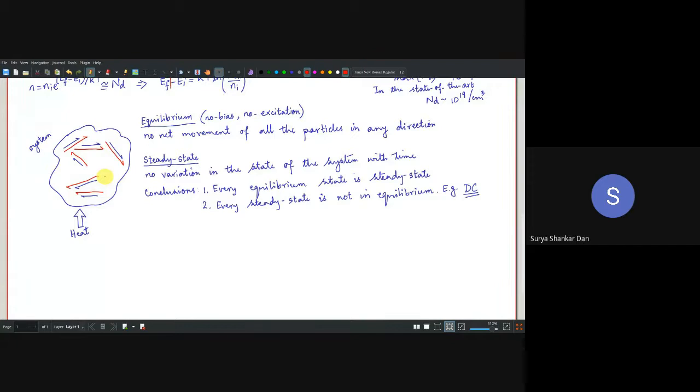So you are not hampering the equilibrium, you are not disturbing the equilibrium as such. That is the reason why whenever we are calling it as equilibrium, we are essentially referring to thermal equilibrium. We usually do not use this word thermal each and every time, but remember equilibrium means thermal equilibrium.